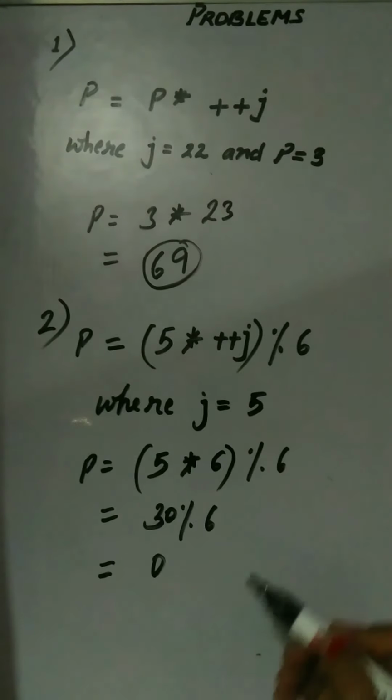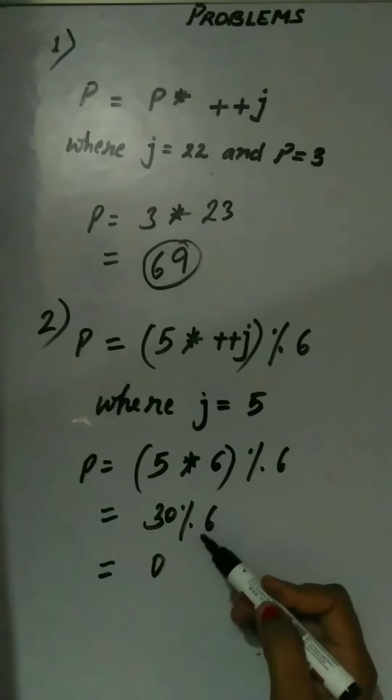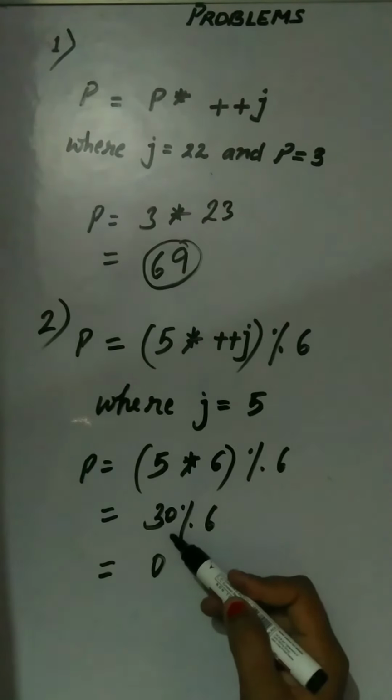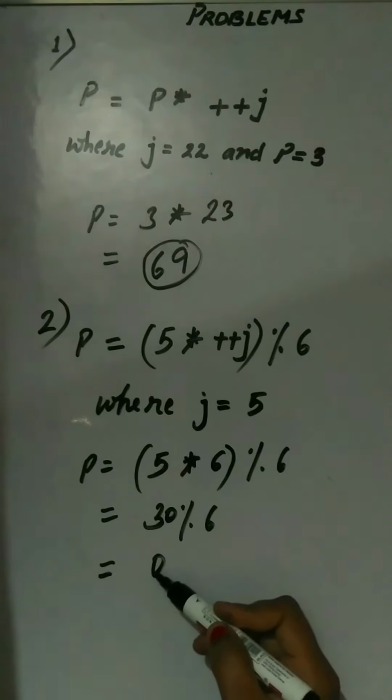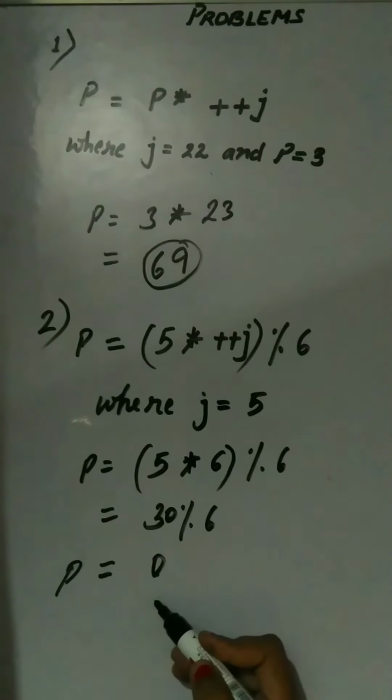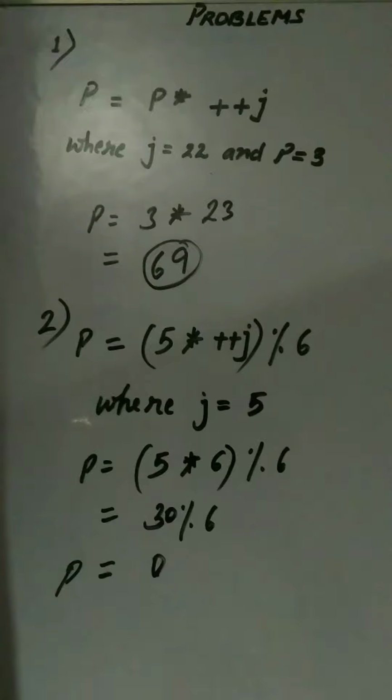Mod means it will store the remainder value. 6 fives are 30, so the remainder value is 0. So here the p value is 0. Clear?